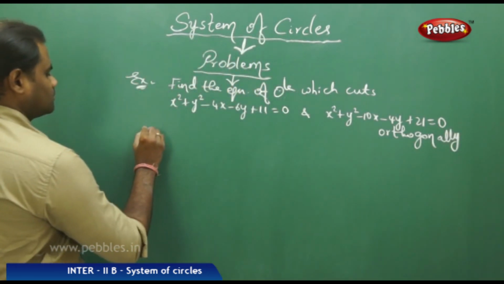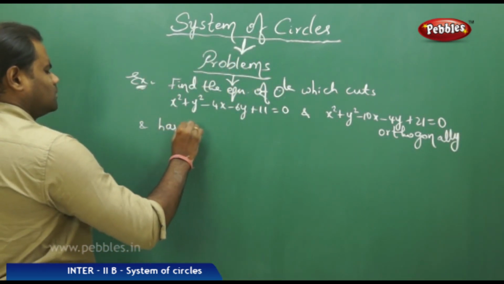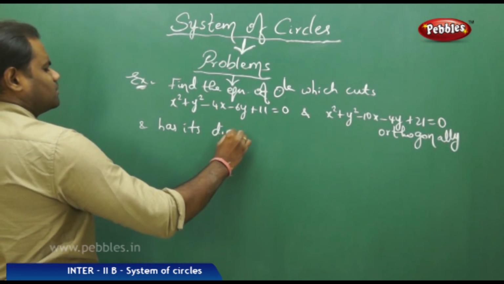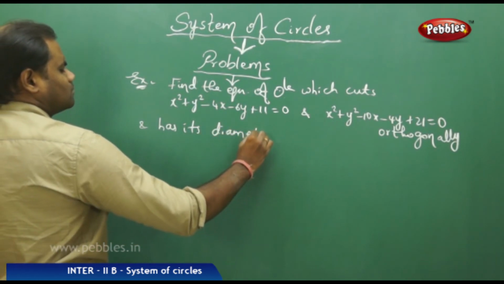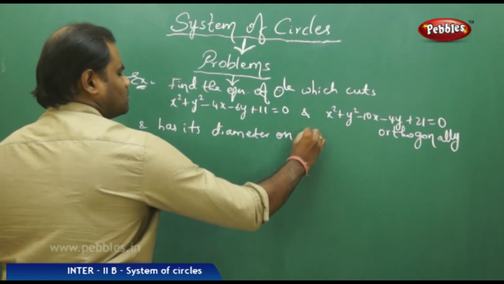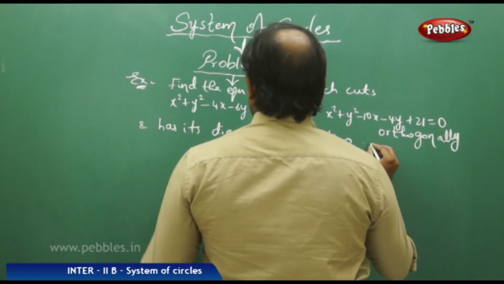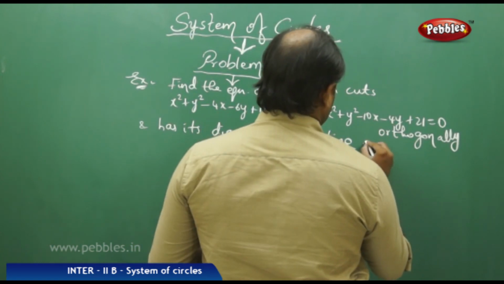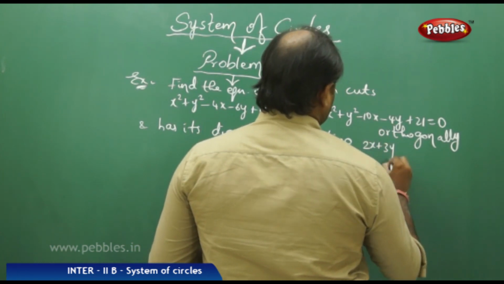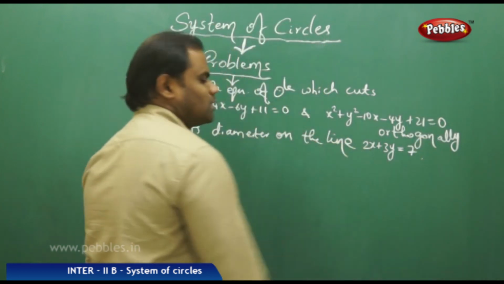And has its diameter on the line 2x plus 3y equal to 7.